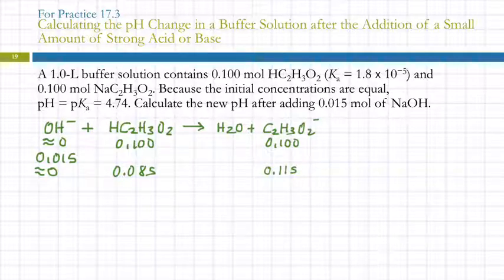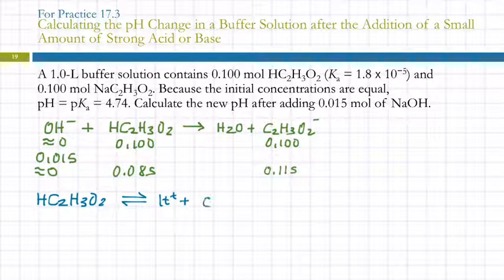Now we're going to do the ICE table. In the ICE table, we want to look at the ionization of the weak acid. So we're going to look at HC2H3O2 ionizing, forming H plus and acetate.